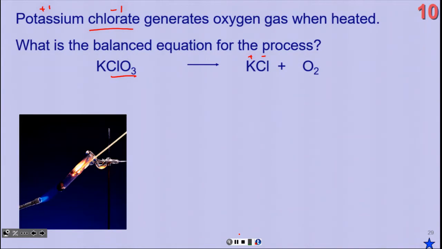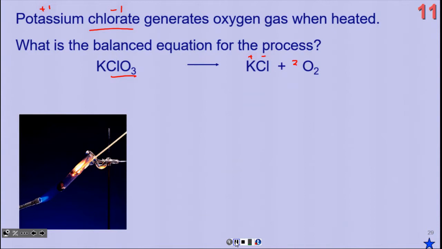Okay, so what are we going to have to do to balance this equation? Before we go any further, we'll just have to get the math right and add them up. So 1 potassium on the left, 1 chlorine on the right. So far, so good, one of each. But oxygen's not coming out even. If you've got an odd number on one side and an even number on the other side, we always have to do something to make them come out right.